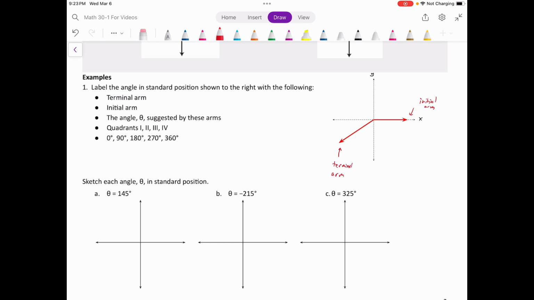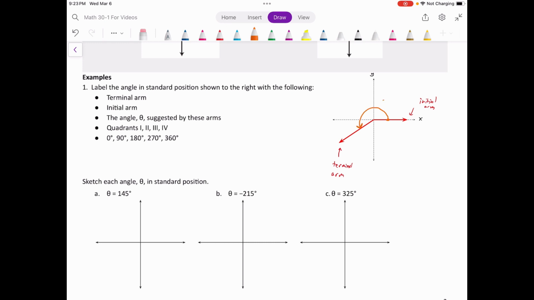So we always imagine starting here and rotating to create our angle, right? Counterclockwise if positive. Typically, they'll be positive. We will get negative ones thrown at us every now and then. Okay, the angle theta that's suggested by these arms. Well, starting from the initial arm, we're going to rotate that far.